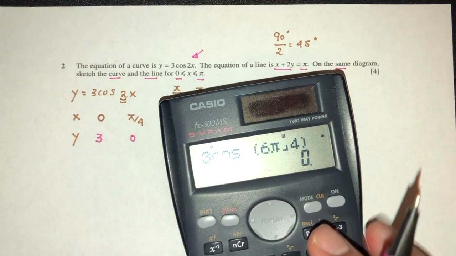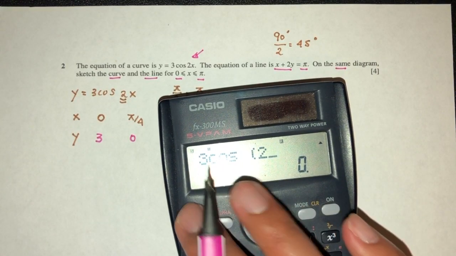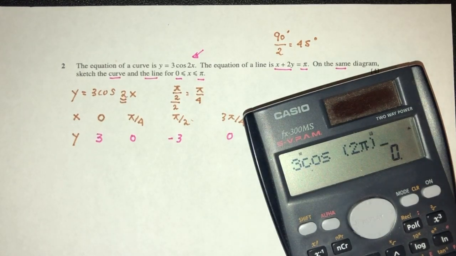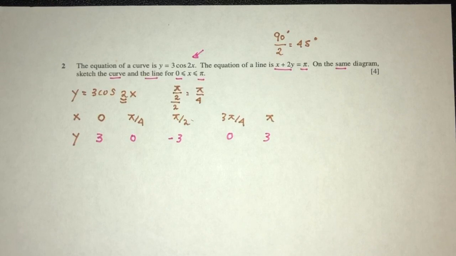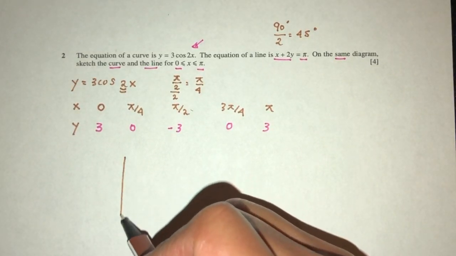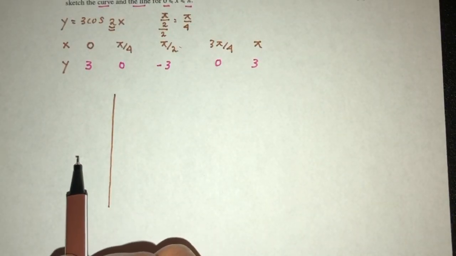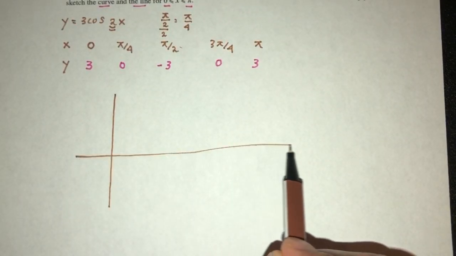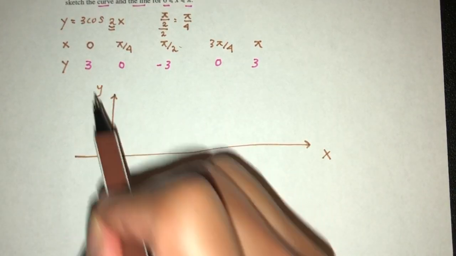And finally, just for pi, that should be 2 pi, because here we have 2, we don't miss out the value of 2, right? That should be 3. As you can see, these are the values of y for the values of x, so we can kind of sketch this in the graph. Of course, you will be using a ruler for yourself, so you can have some exact values as you go through this question. That will be my x values and my y values.